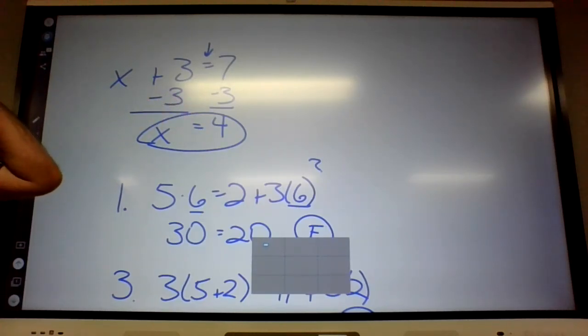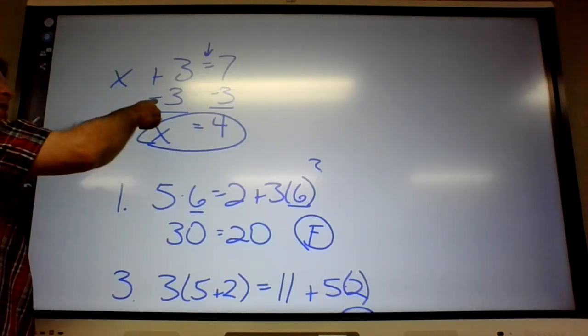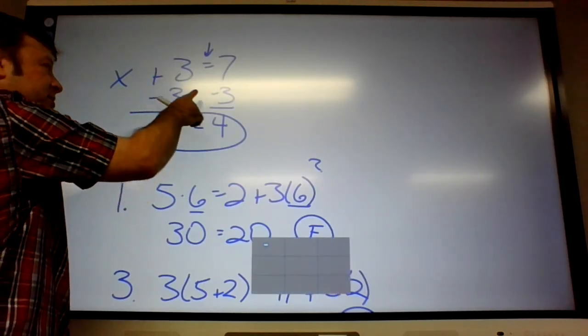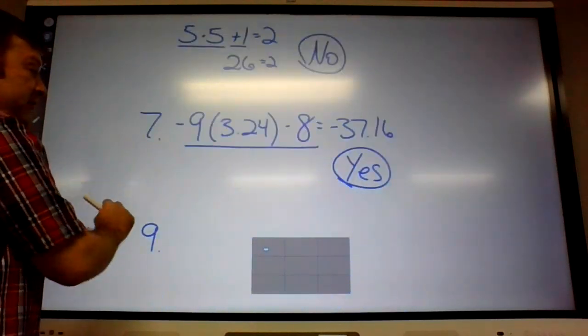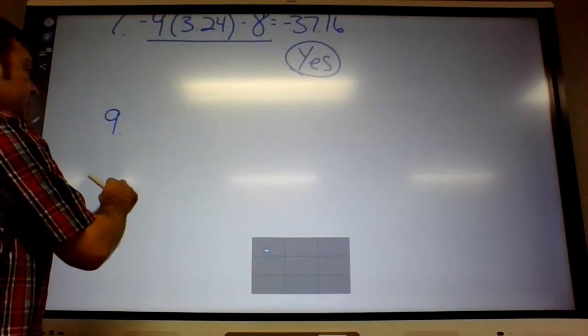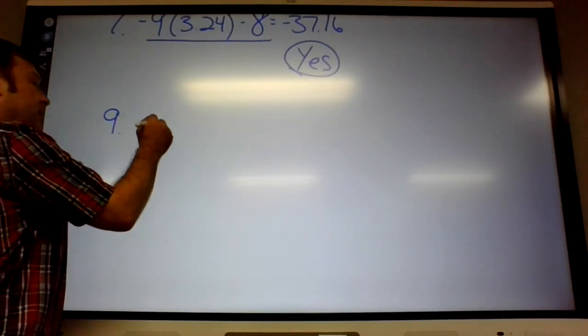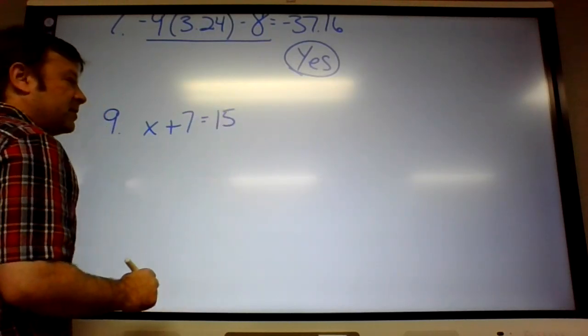They call that the addition property of equality, even though we're subtracting, because subtracting is like adding negative 3. So if you add or subtract, they call that the addition property. And if you multiply or divide, they call that the multiplication property of equality. Not that important.